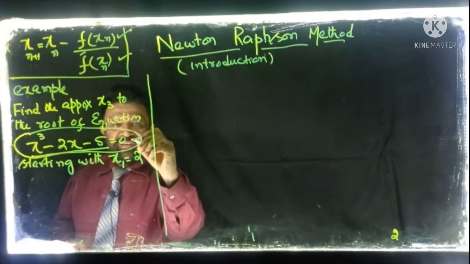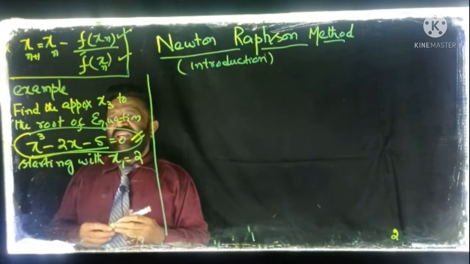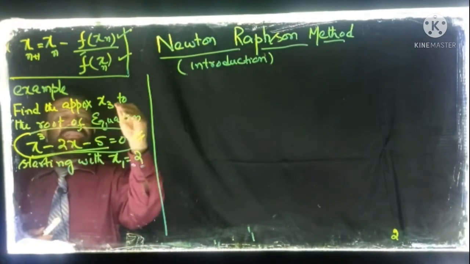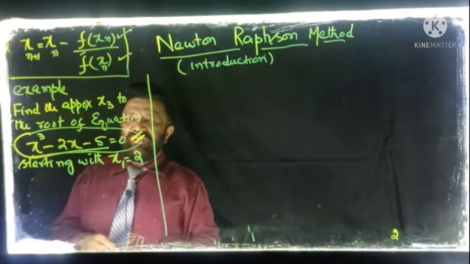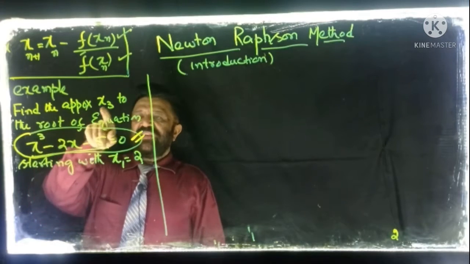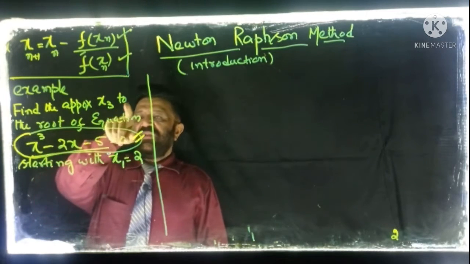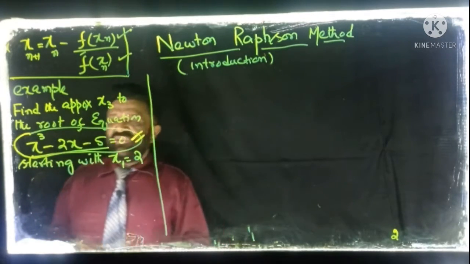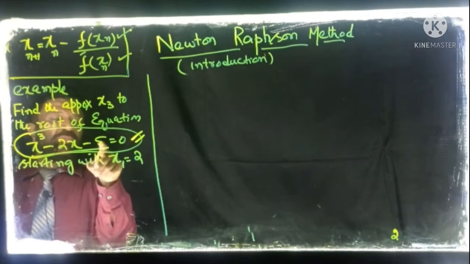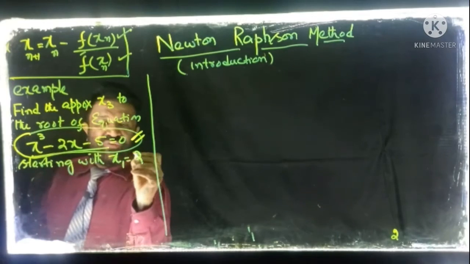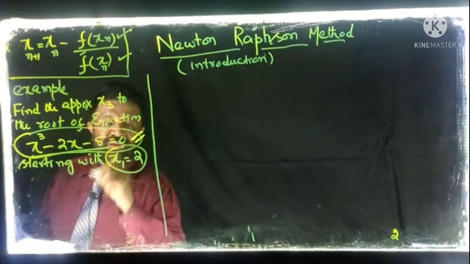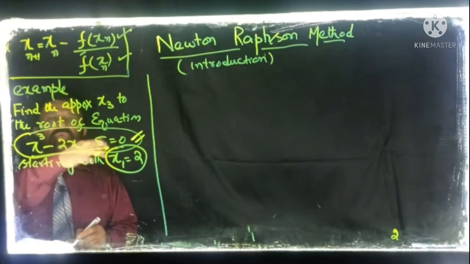This is the example that he has given, and he has asked to find the approximate value of x3, the root of this equation. The equation is x cube minus 2x minus 5 is equal to 0, starting with x1 equal to 2.